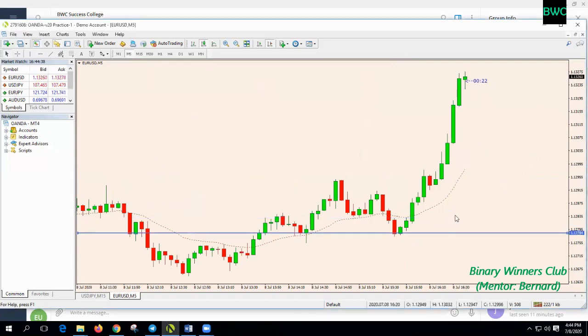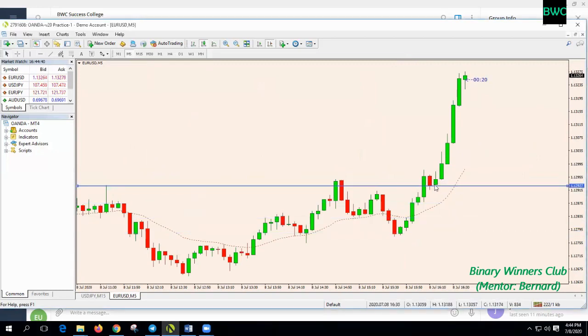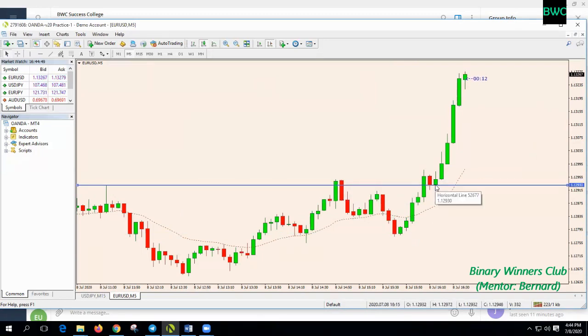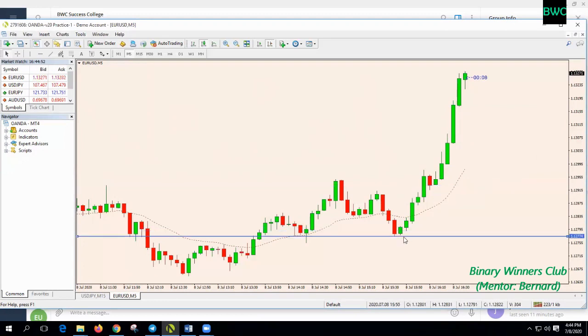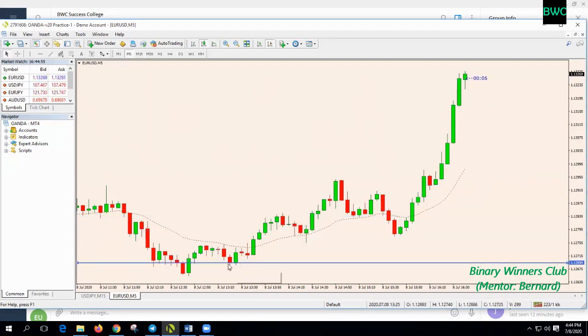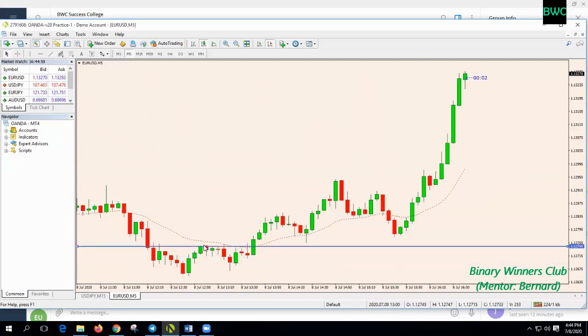You draw your line on the most recent reversal pattern. This is bear bull. You draw it at the bottom. This is a bull bear. You draw it at the top because the market changed at the top. Here the market changed at the bottom. Market changed at the top, market changed at the bottom, market changed at the top. So that's how we draw our support and resistance level.